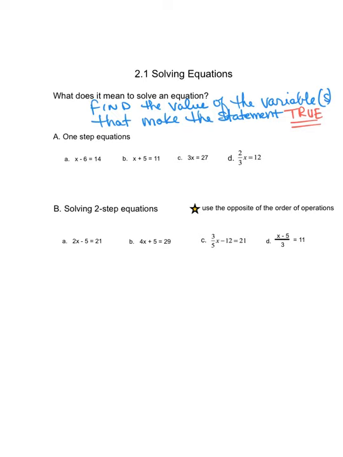So I believe that what you all did was you said, okay, I'm going to add 6 to this side because you wanted to get x by itself. So if I added 6 to this side, negative 6 plus 6, these reduce and I'm just left with x. But since I added 6 to the left side of the equation, I must also add 6 to the right side of the equation. So on the right side of the equation, I got 20.